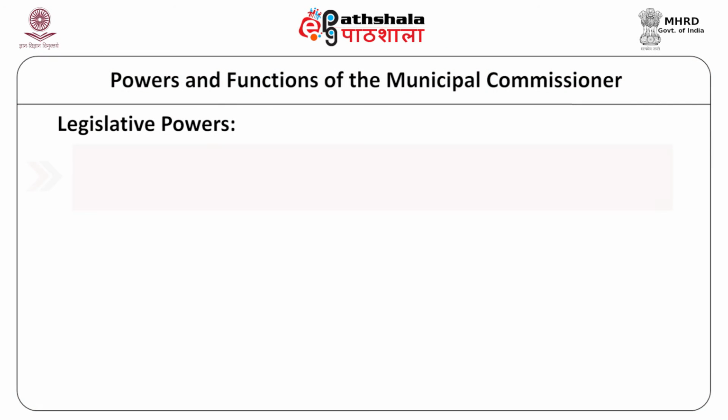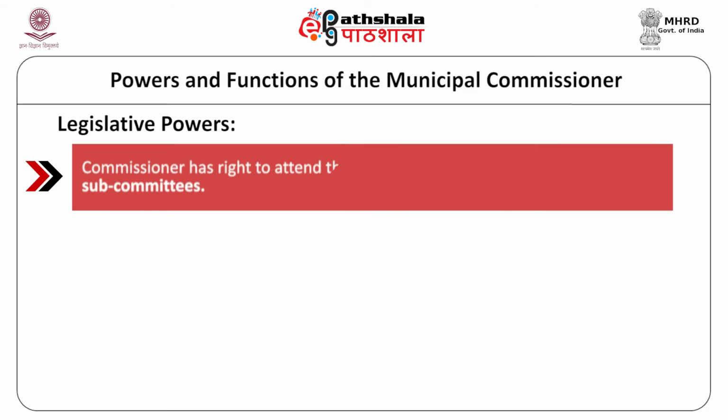Powers and functions of the municipal commissioner. The municipal commissioner has a number of powers. His powers include legislative powers. As the commissioner, he has a right to attend the meetings of the council, the committees as well as the subcommittees.